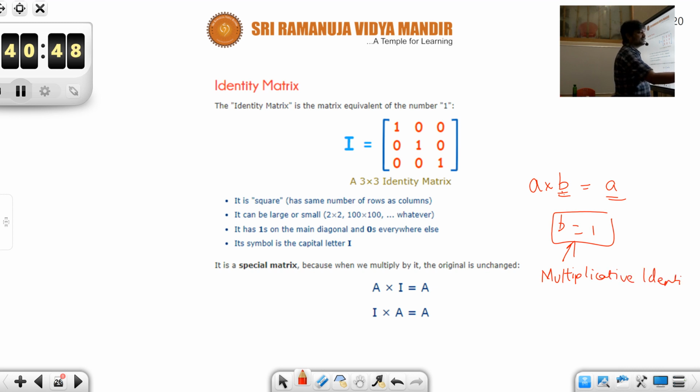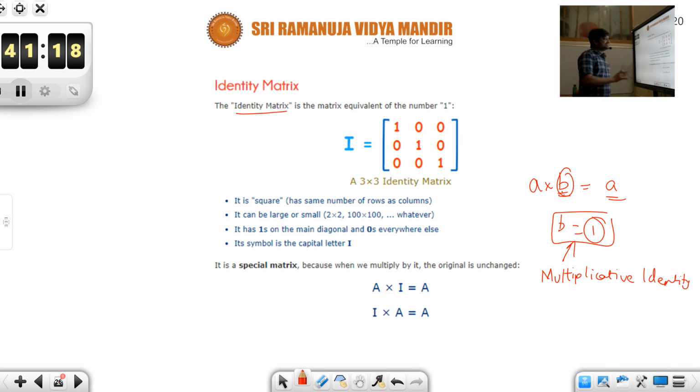Similarly, there is such a matrix when it comes to algebraic operations on matrices. That is, when you multiply a matrix with a certain matrix, it results in the same matrix. It plays the role of 1. We call that matrix the identity matrix, and it is given by all ones in the diagonal positions, and the rest of the elements are zeros.